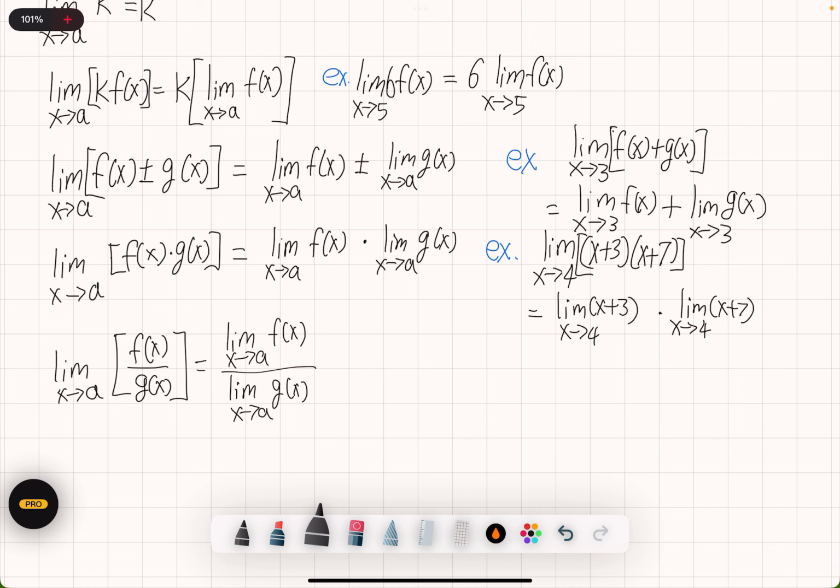Now, of course, it's given that g of x is not 0, so the denominator isn't 0.